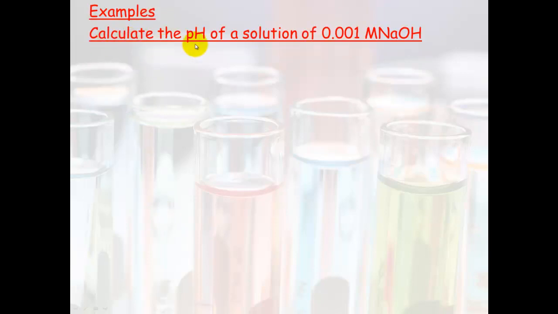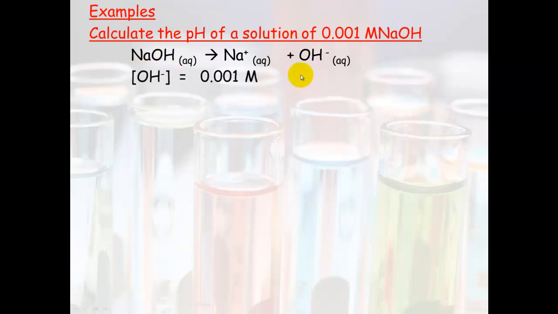Last type of calculation is that you'll be asked to work out the pH of a hydroxide solution, or of a base. So what you need to do again is think of how many hydroxide ions are forming when the base dissociates in water. Here you'll see sodium hydroxide dissociates into just the hydroxide. So therefore the hydroxide concentration will be equal to the concentration of the sodium hydroxide.